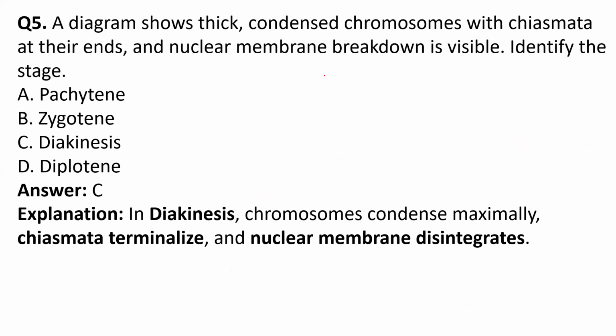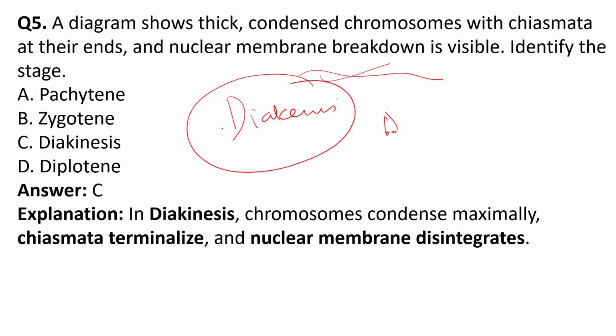A diagram of thick condensed chromosomes with chiasmata at their ends and nuclear membrane breakdown is the last stage, diakinesis. The chiasmata move to the ends of the chromosomes, so it becomes terminalization of chiasmata, with nuclear membrane breakdown.